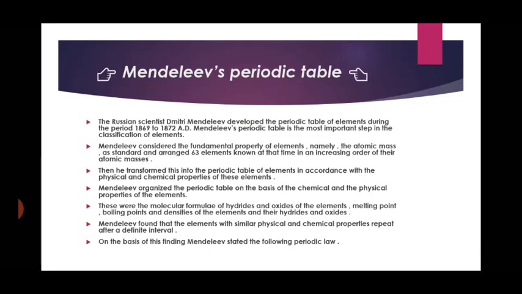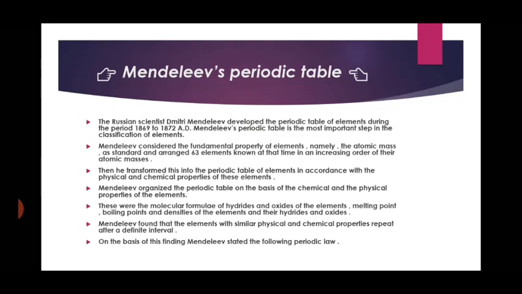Mendeleev arranged the periodic table on the basis of the chemical and physical properties of the elements. These were the molecular formulas of hydrides and oxides of the elements, melting points, boiling points, and the density of the elements and their hydrides and oxides.